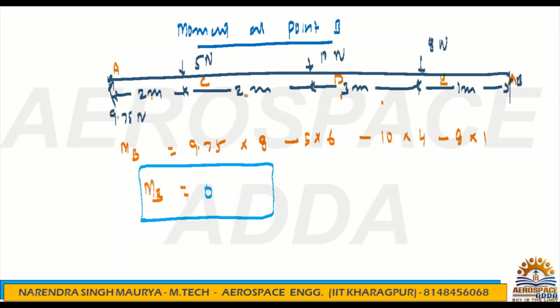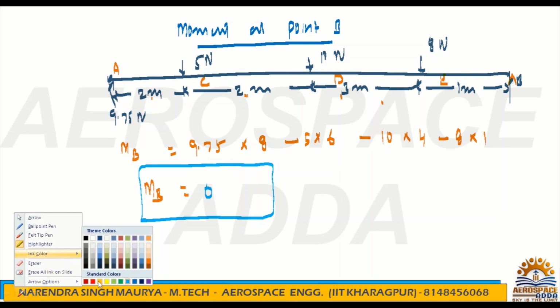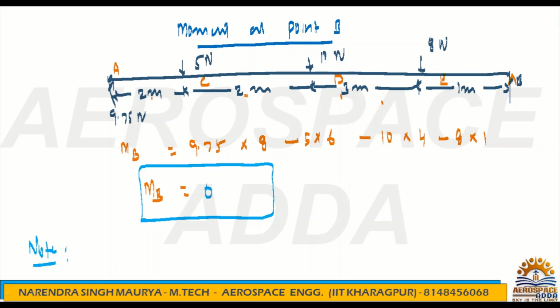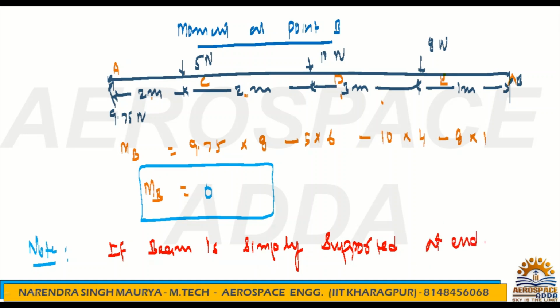So always remember, note: it comes zero only. Yes. So you have to write the note: if the beam is simply supported, then at the end points the moment will be 0.